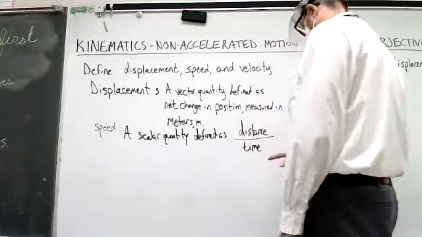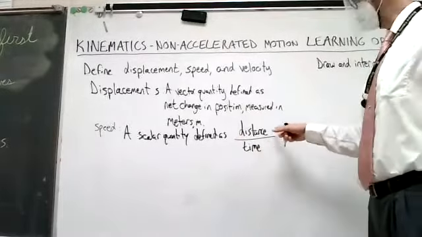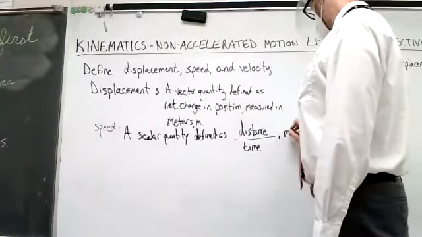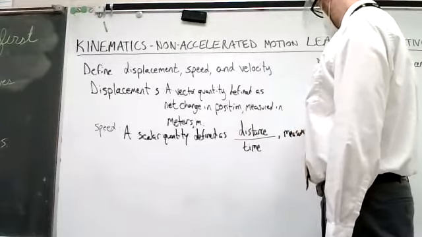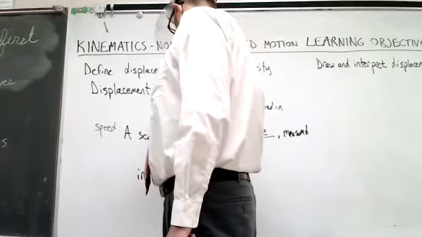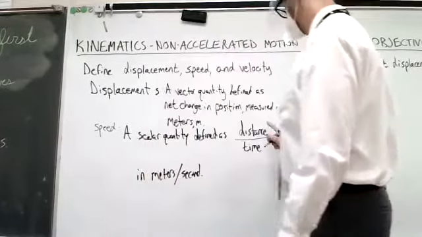You can write out per, or use that symbol. So speed is distance per time, measured in meters per second. Meters of distance, seconds of time.